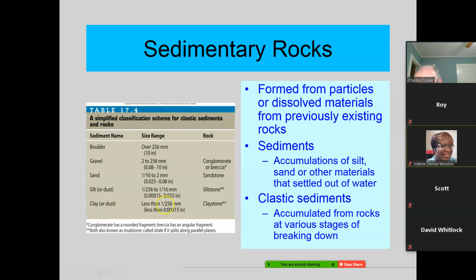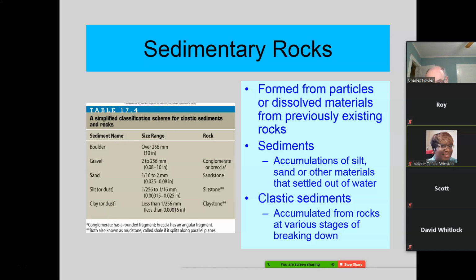Most of what I've heard called in soil science, they say less than 2 microns. Now, a micron is a thousandth of a millimeter. It's a millionth of a meter. And I'm just going to see how this breaks down compared to that.